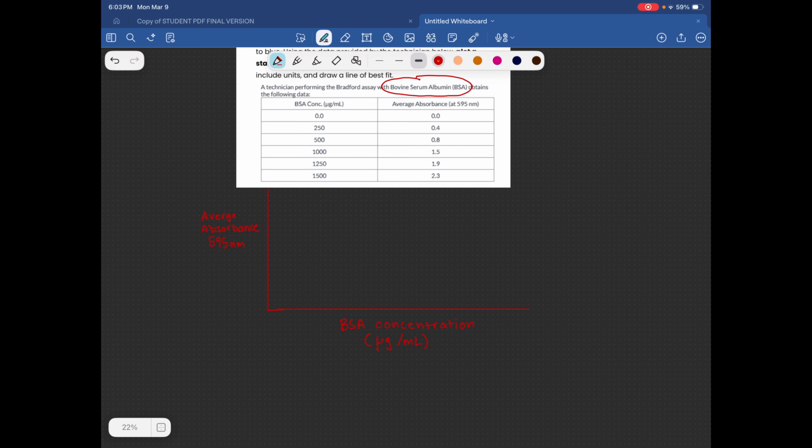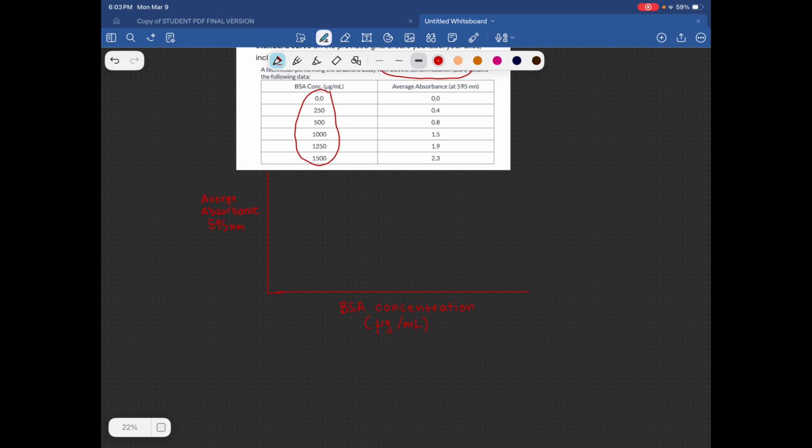So now let's talk about our data table. It looks like concentration is going to go from 0.0 to about 1500 micrograms per milliliter. You'll want to choose a scale where each major grid line represents something easy to count.